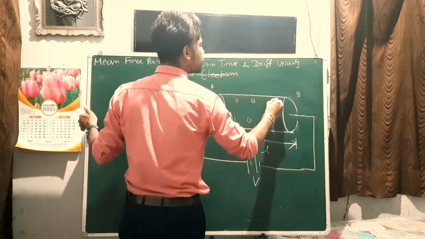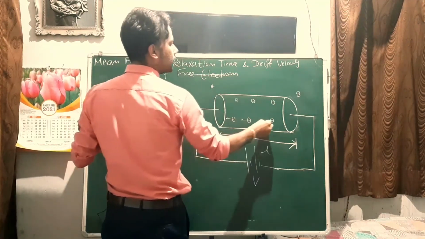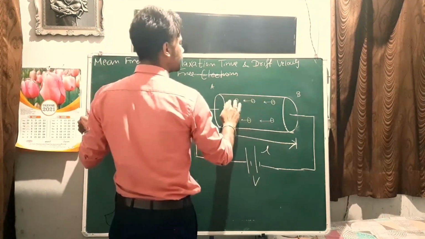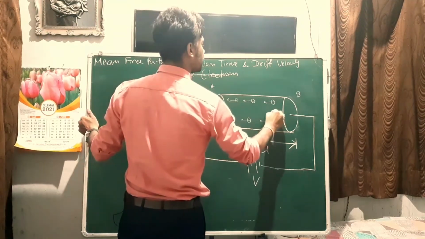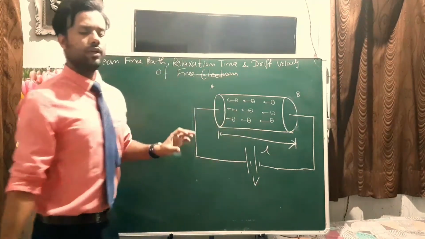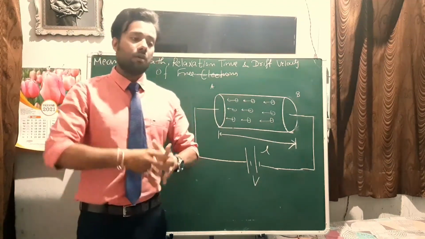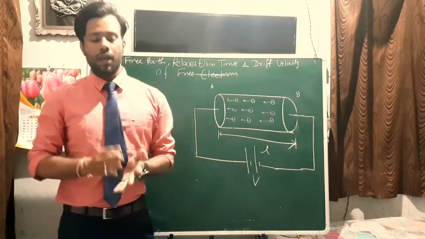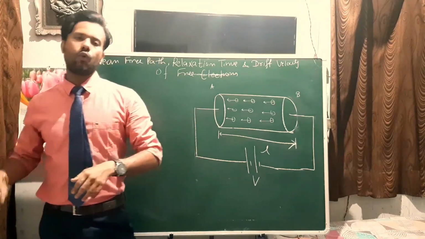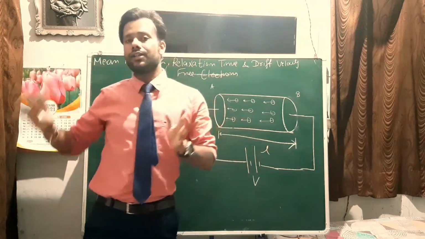So all of these electrons start moving in a unidirectional way, like this. I have not shown the positive ions here. They are still present, and collisions are still going on. But the only difference is that in the previous case, when an electron collided with an ion, it reversed its direction.